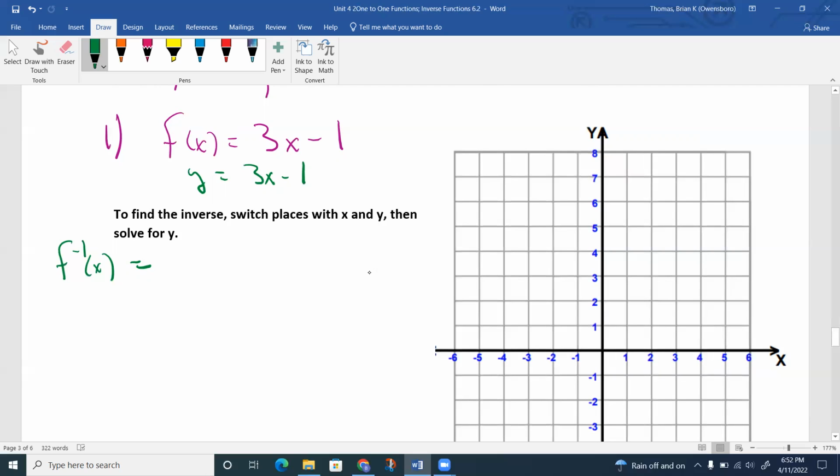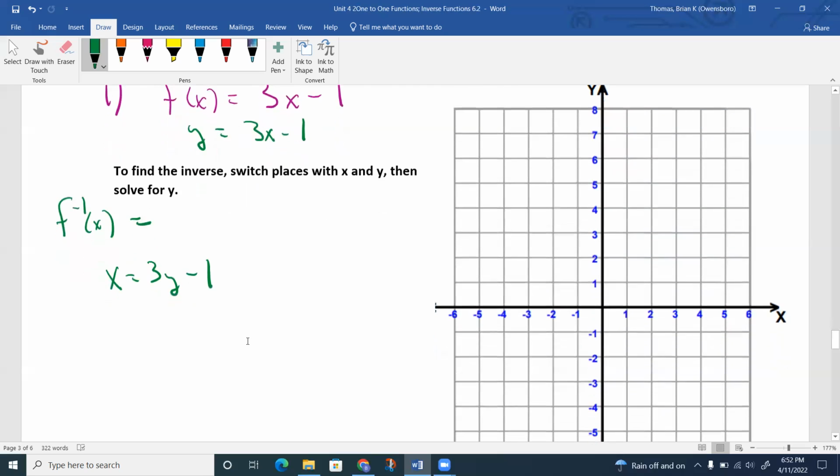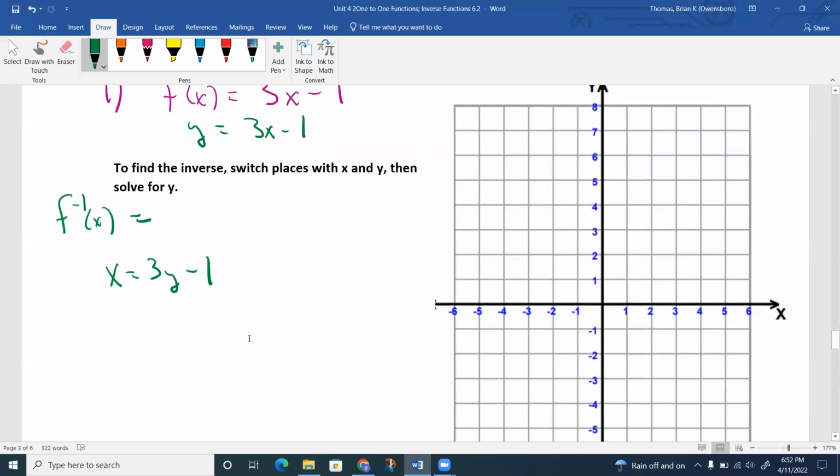If I want to find the inverse, though, our first move is to switch the roles of x and y. So this becomes x equals 3y minus 1. Where there was a y, we changed to an x, and where there was an x, we changed to a y. Now our strategy is to solve for y.